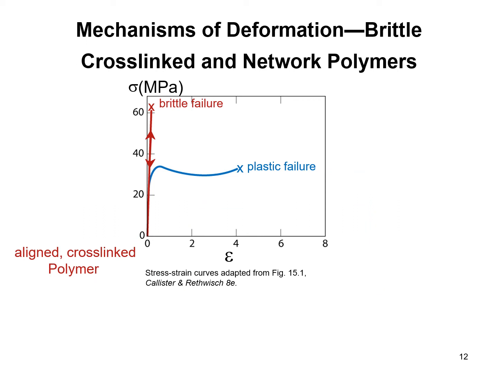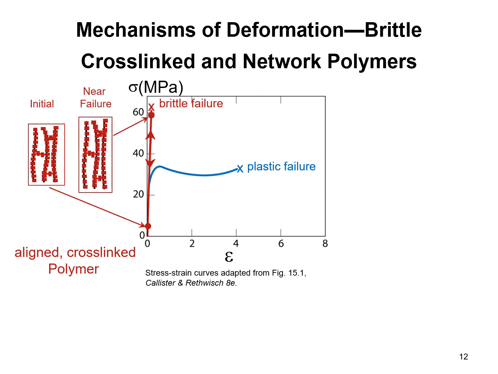Now, let us compare that with the brittle cross-linked polymer as well as the network polymer. First, the cross-linked polymer. This is what happened at the initial state and how the cross-linked polymer looks.